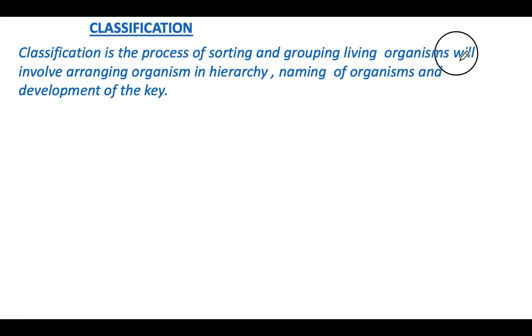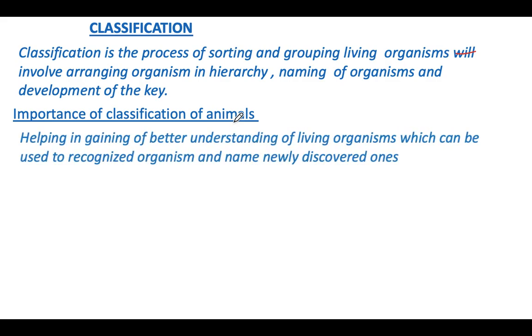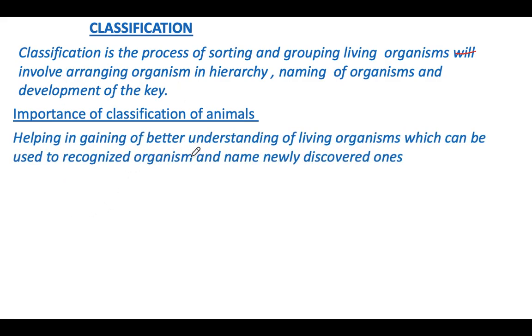Then we can also see the other parts. In the other parts, we have the importance of classification. What are some of the importance of classification of animals? Classification is important when it comes to helping in gaining better understanding of living organisms, which can be used to recognize an organism and name newly discovered ones.